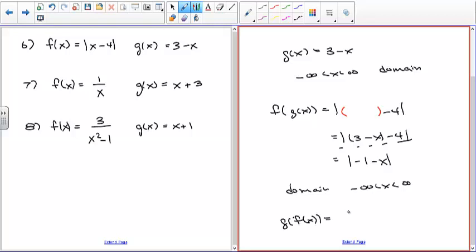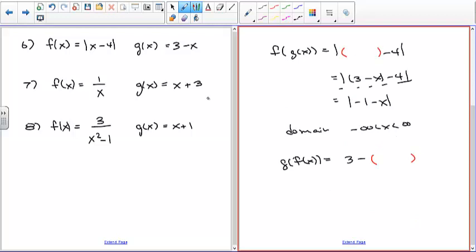So g of x was 3 minus x. But when the argument is not x but is f of x, you're going to have 3 minus the absolute value of x minus 4. And all you can do is simplify that.